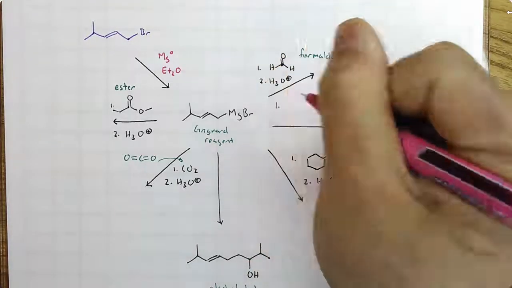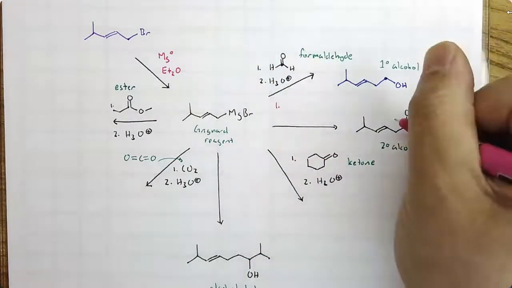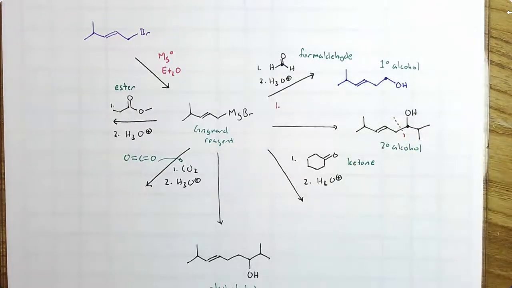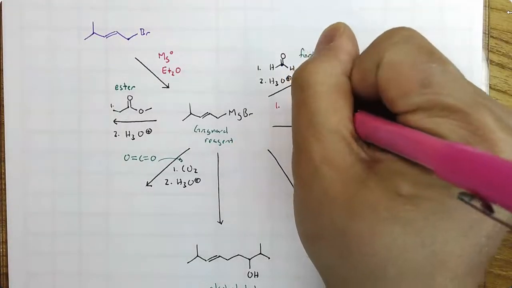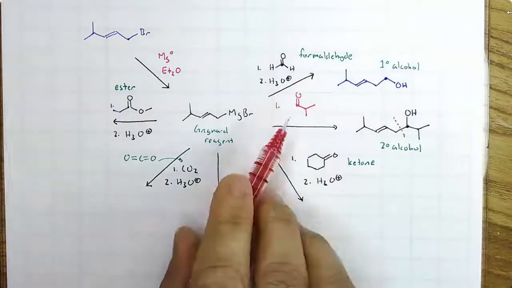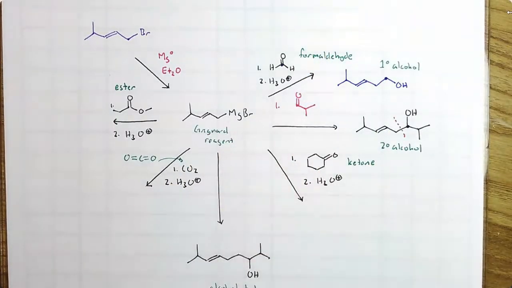So here's one, and if you think about it, your carbon-carbon bond that you made was this one. So your carbonyl has to have these 4 carbons. And it is an aldehyde. It has one group already. We added a second group to make the secondary alcohol.